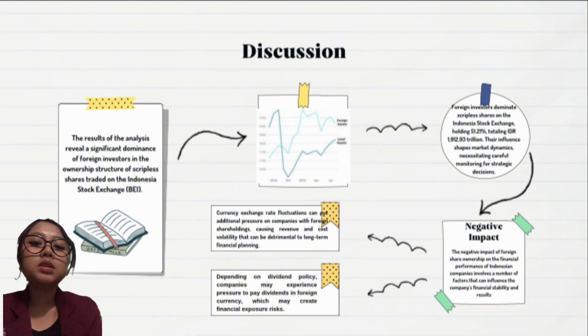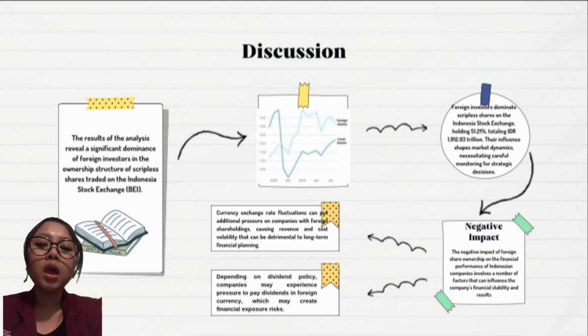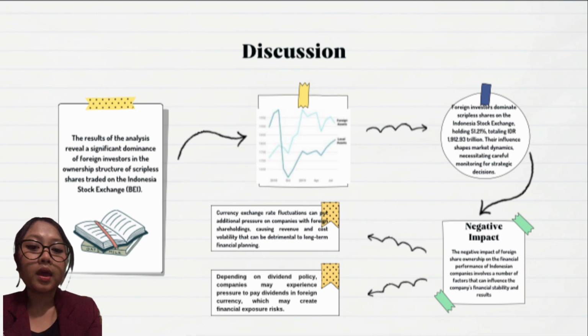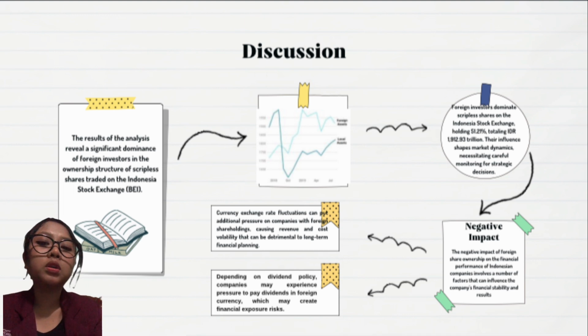So the first impact is that currency exchange rate fluctuation can put additional pressure on companies with foreign shareholdings, causing revenue and cost volatility that can be detrimental to long-term financial planning. And the second is, depending on the dividend policy, companies may experience pressure to pay dividends in foreign currency, which may create financial exposure risk.